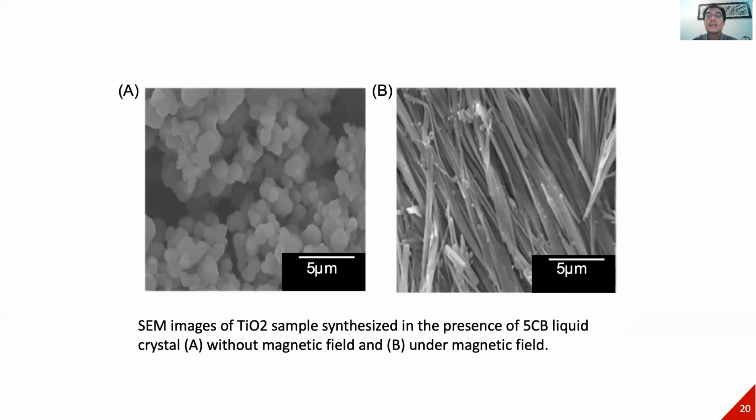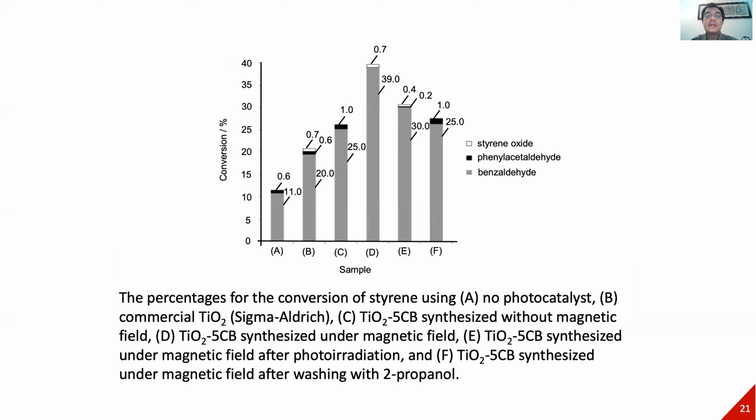This is the same image of the titanium dioxide sample synthesized under magnetic field and without magnetic field. We can see that with the magnetic field, we can produce a well-aligned material. And these results of the photocatalytic conversion of styrene demonstrate that the well-aligned titania 5CB composite gave a higher conversion compared to non-aligned materials.